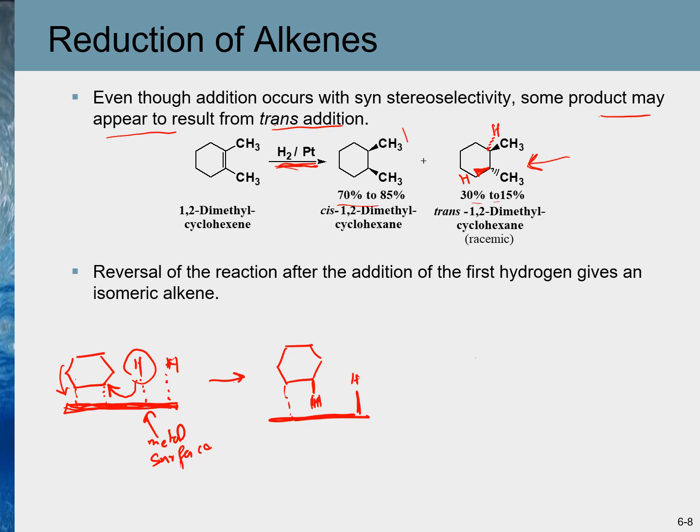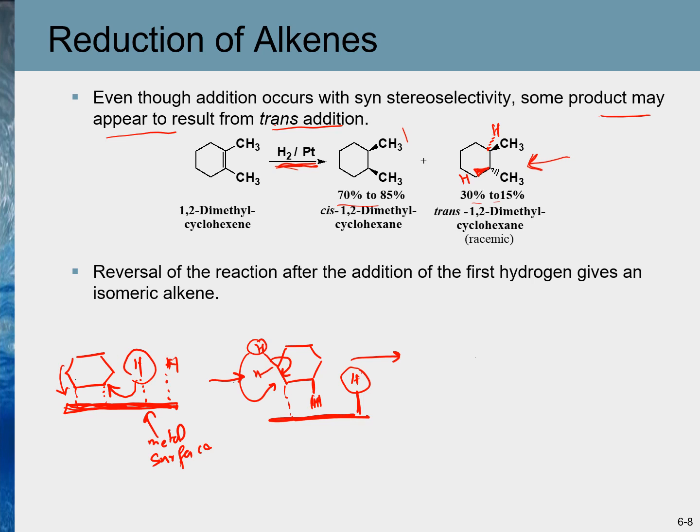Now before the other hydrogen can add to the second carbon, before this step takes place, what happens is that in some cases a hydrogen from the neighboring carbon gets transferred and it forms another alkene.